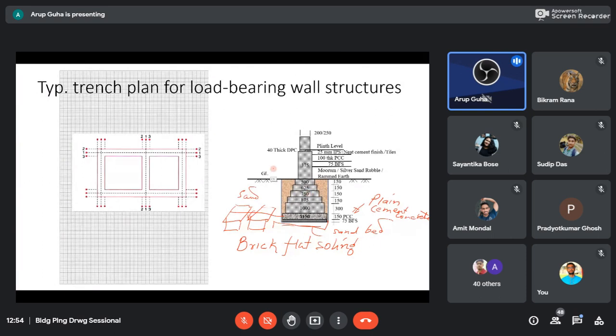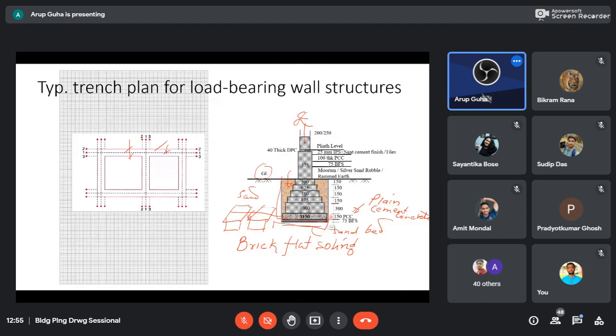Then this is your ground level. And you have to dig holes. So this is your center line of the building or the wall, means this line. This is your center line, right? Beyond that, we are creating a width through which we are digging.